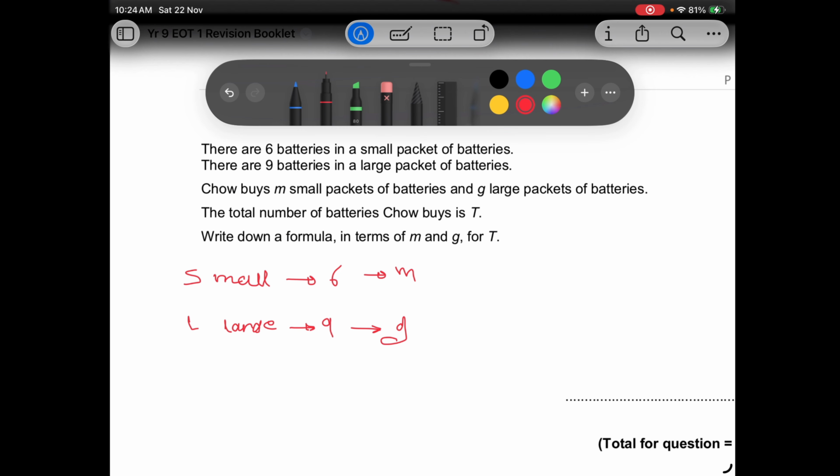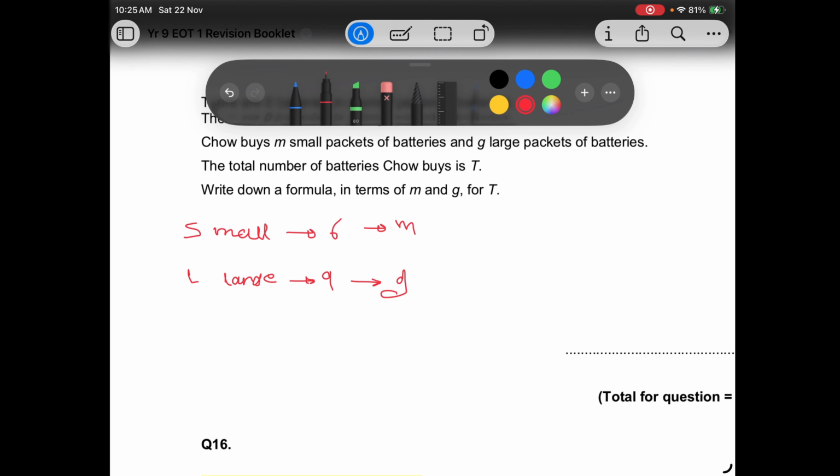Write down a formula in terms of M and G for T, the total number of batteries. Okay, guys, let us dive in and solve this problem together.